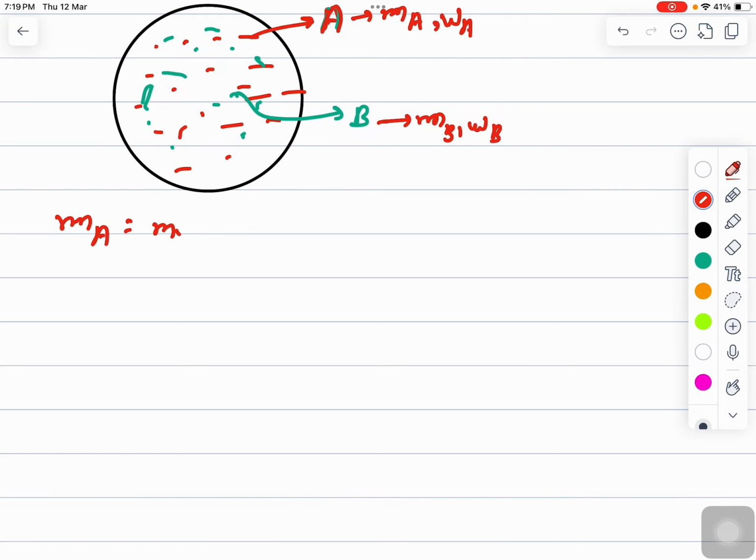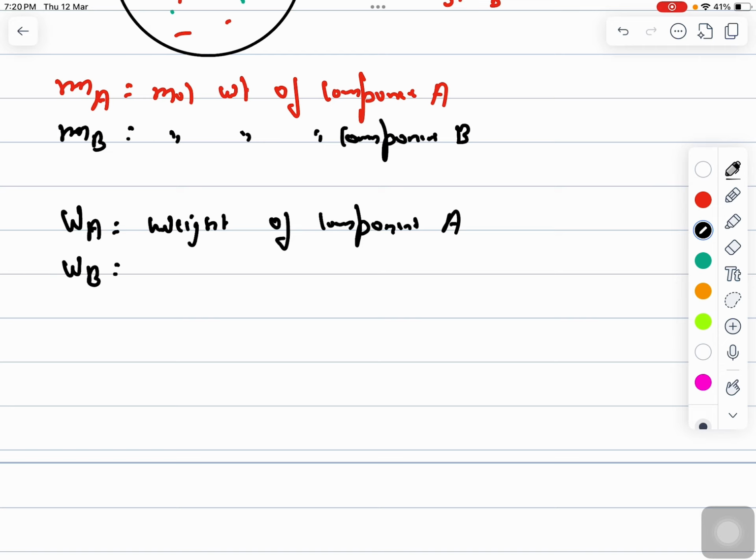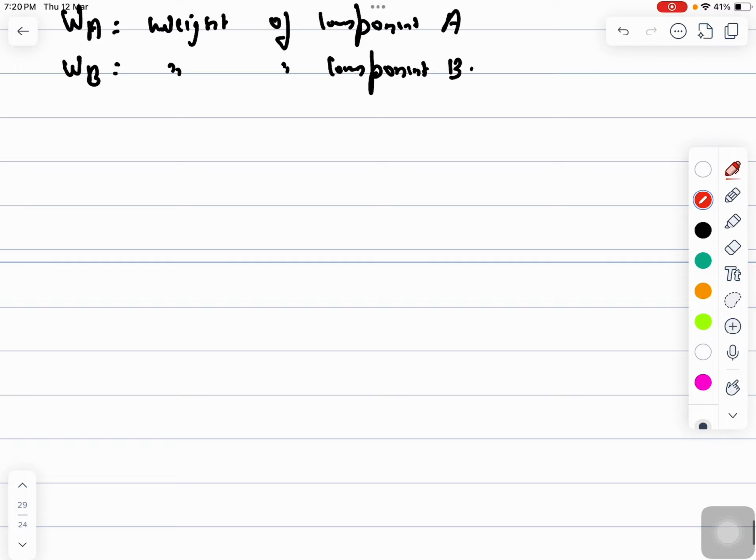So MA is the molecular weight of component A. MB is the molecular weight of component B. WA is the weight of component A. So what is the number of moles of A?